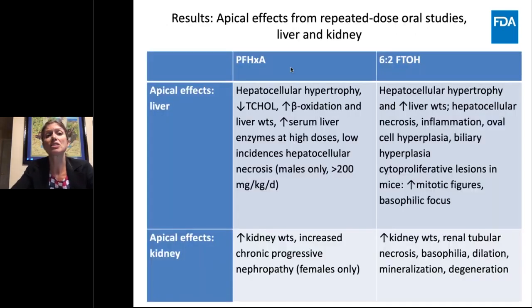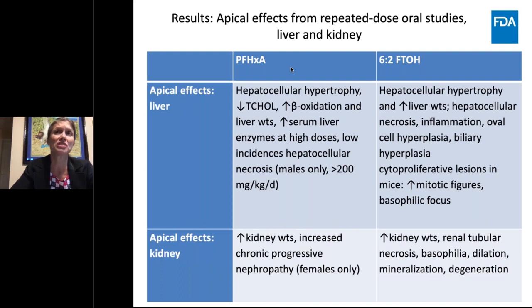So let's get into the apical effects from systemic toxicity studies in adult rodents. This table summarizes results from side-by-side comparisons of the behavior of perfluorohexanoate or sodium perfluorohexanoate versus the 6,2-fluorotelomer alcohol in rats in 28-day and 90-day toxicological studies.